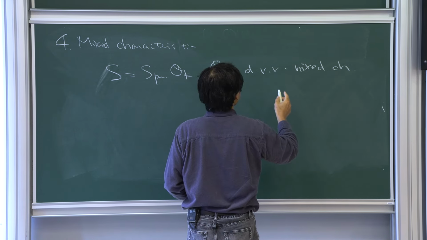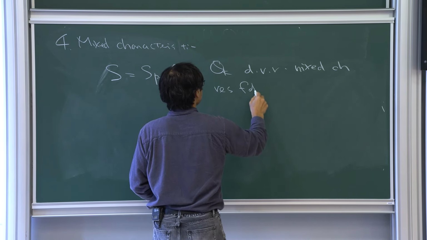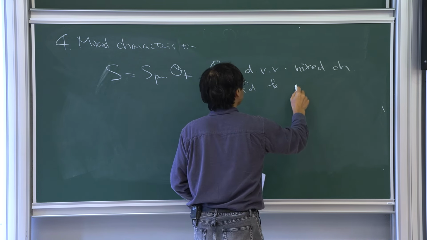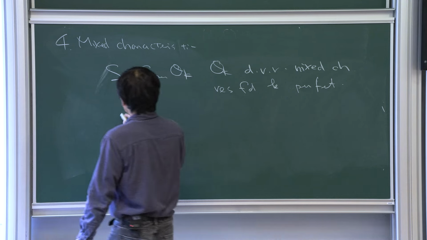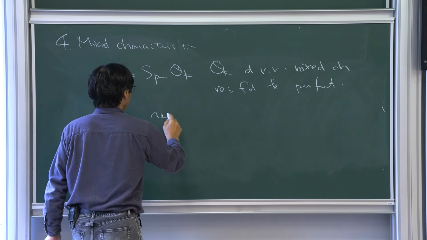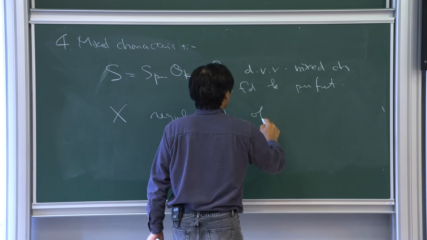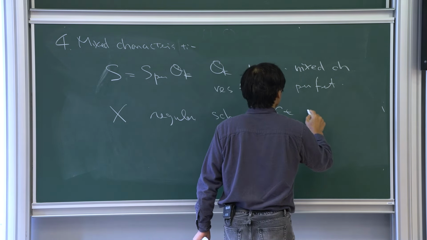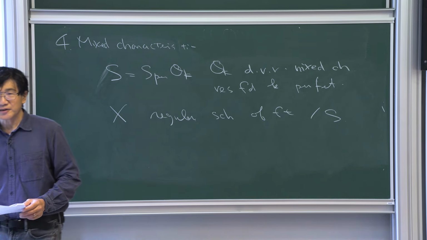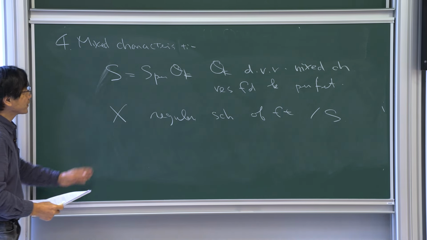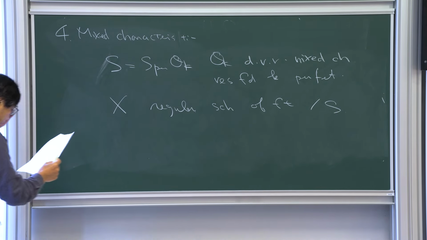and the residue field little k is perfect. And X will be a regular scheme of finite type over S. I can weaken the assumption a little bit, but for simplicity, let me stick to this simplifying assumption.